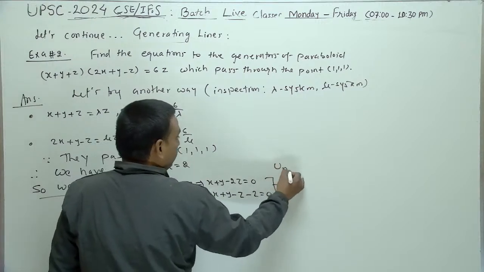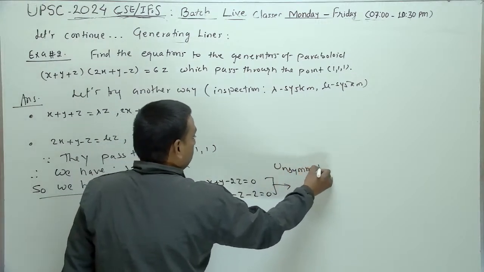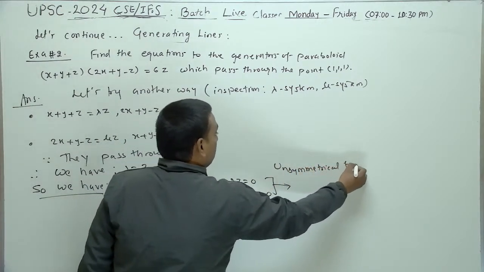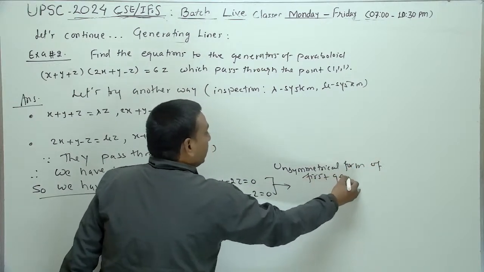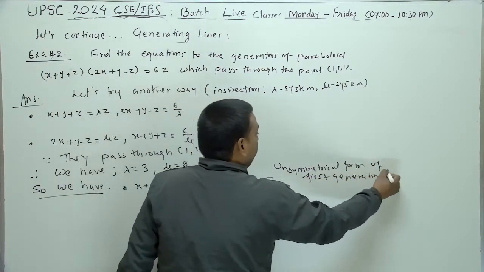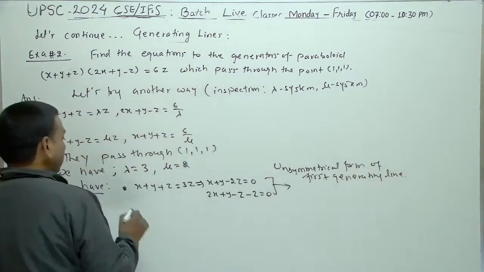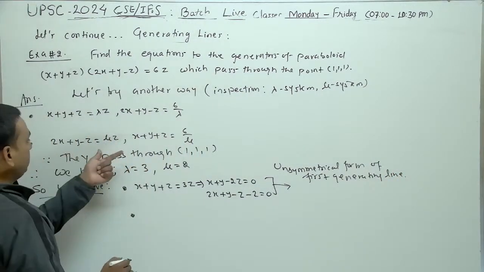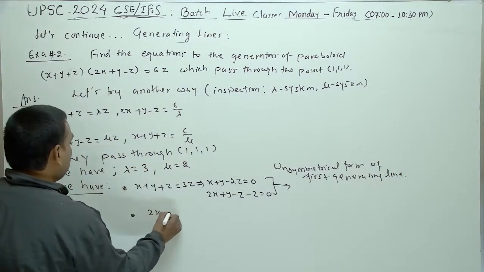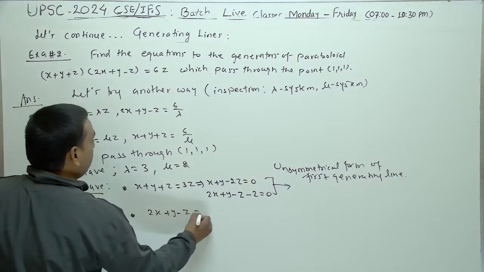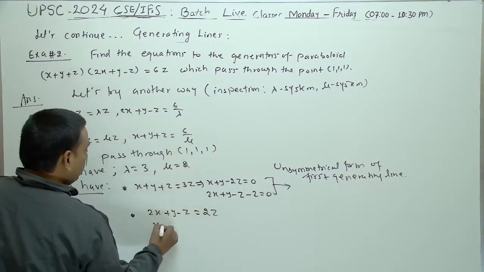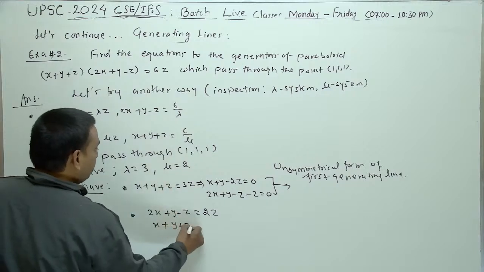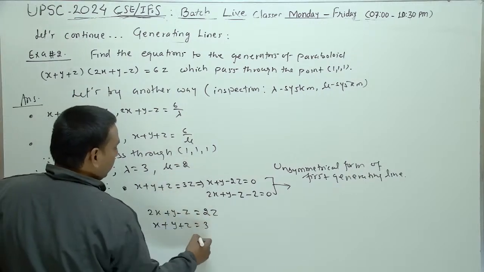This is unsymmetrical form of first generating line, right? Similarly, if we take in the mu system, we got 2x plus y minus z. Mu का वैल्यू we got 2, z हो गया. From the second, x plus y plus z equals 6 upon 2, that is 3.